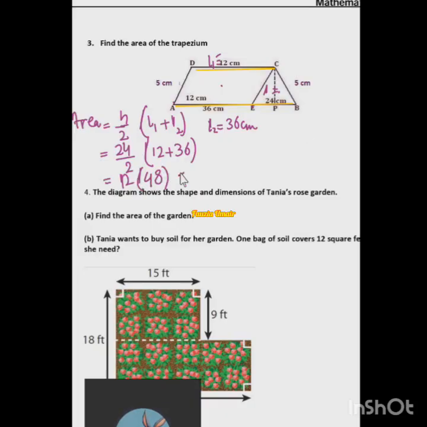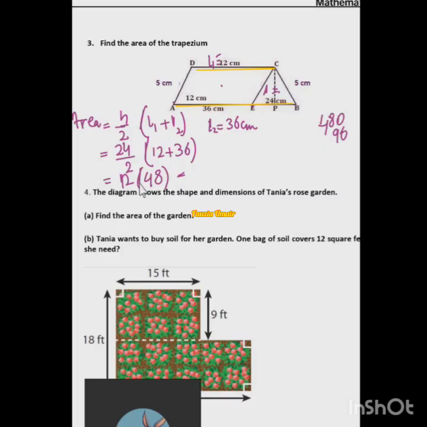So what will be the answer? 480. No. What I was doing, this is a technique to solve this.